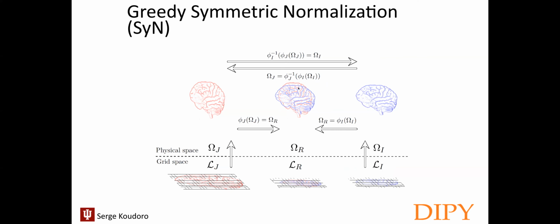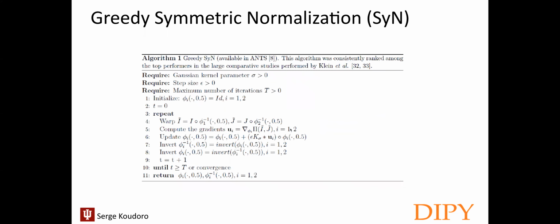These two warpings, we compose these two deformation fields to be able to compute our transformation. Below, you can see the classical algorithms that are available in ANTs and in DIPY. This algorithm is consistently ranked among the top performers along a lot of studies and comparisons. And still today, this is really an effective algorithm, especially for multimodal data.